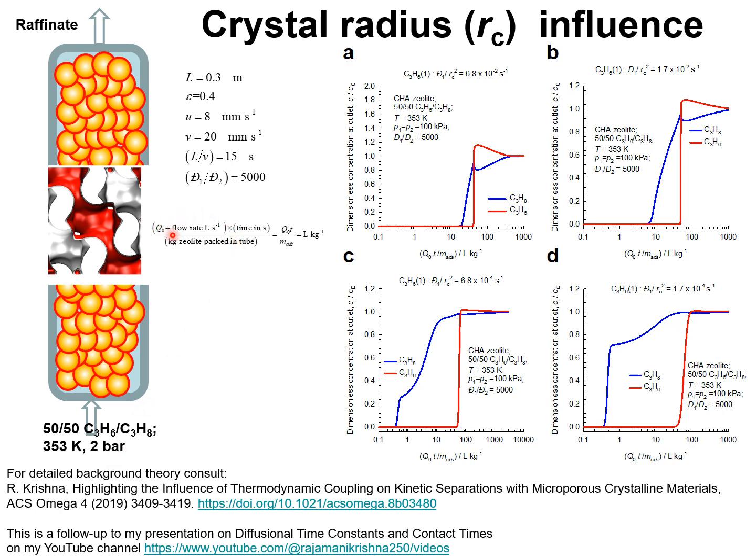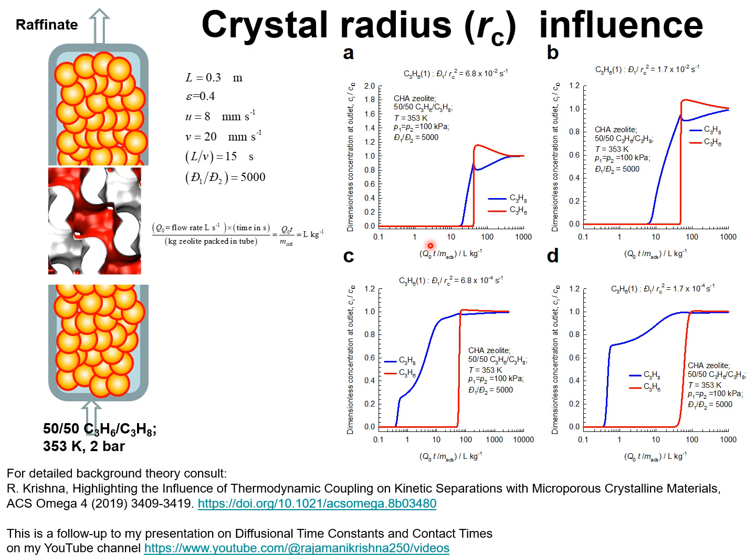This Q0 flow rate value is multiplied by the time in seconds divided by the kilogram of zeolite, in this case Chabazite, that is packed inside the fixed bed. This is a convenient modified time parameter.